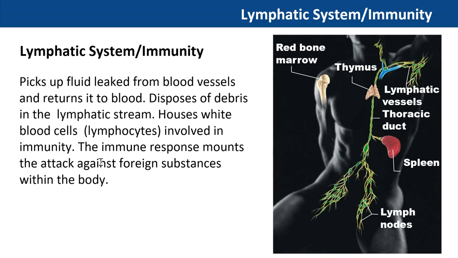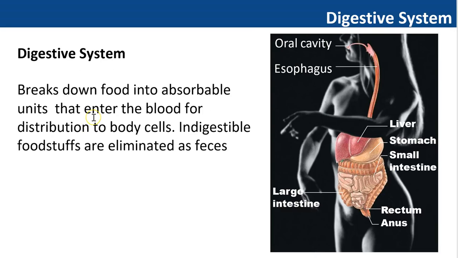The lymph nodes and other lymphoid organs house the white blood cells, the lymphocytes. They are involved in immunity. So the immune response mounts the attack against foreign substances within the body. So our lymphatic system, or immune system, makes our immunity, and also its job is to pick up fluid leaked from blood vessels and return it to the blood.